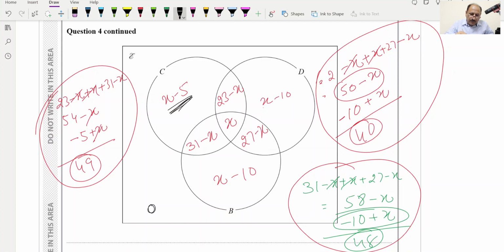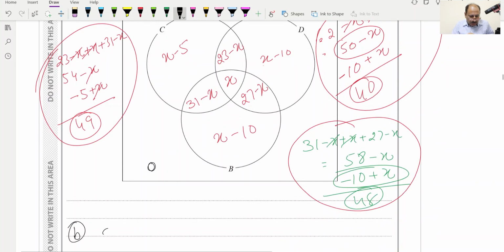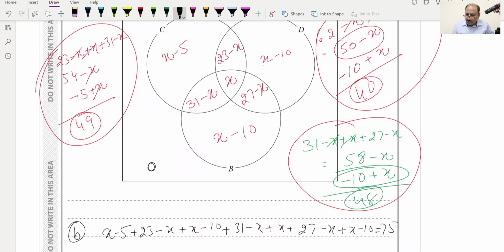I will write these in the form of an equation. So x minus 5, I've started from here, plus 23 minus x, plus x minus 10, plus 31 minus x, plus x, plus 27 minus x, plus x minus 10 is equal to 75.